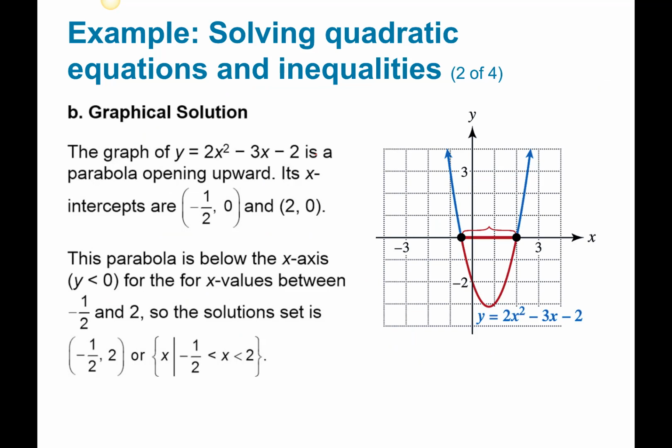If you take a look at this, notice here the graph gives us an x-intercept, where the y value is 0, right? Because if we take this 2x squared minus 3x minus 2 and set it equal to 0, this whole left-hand side is just another way of saying y equals 0.